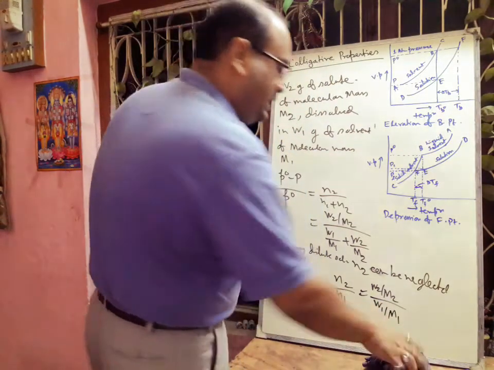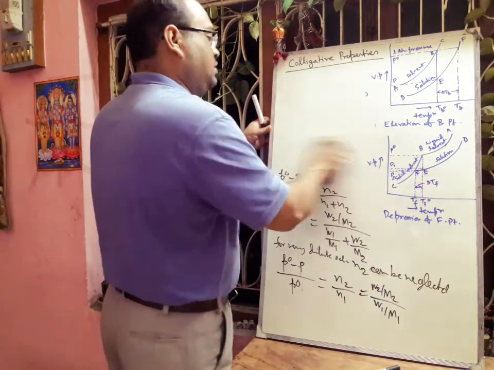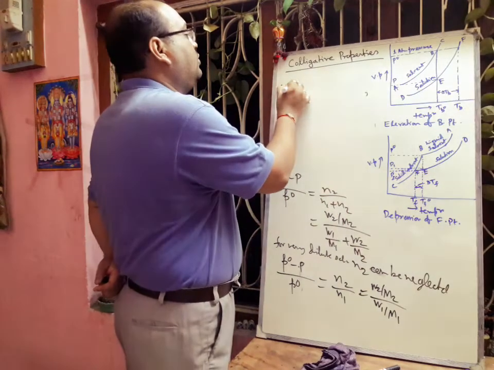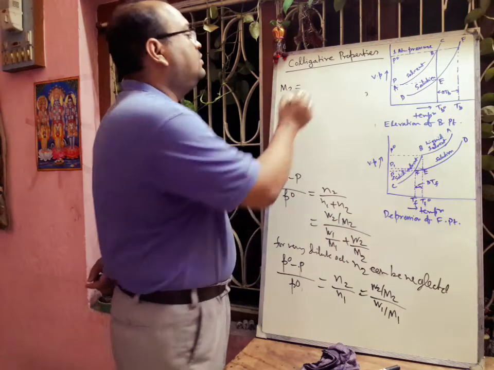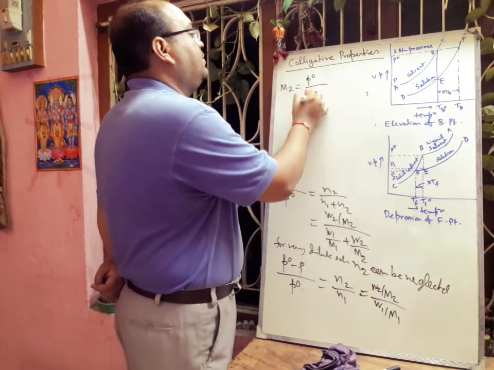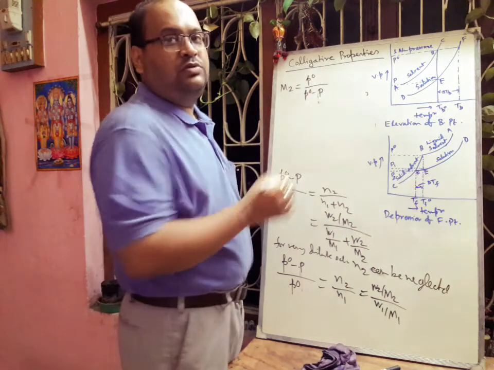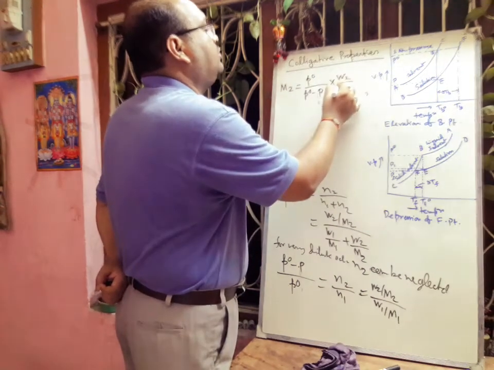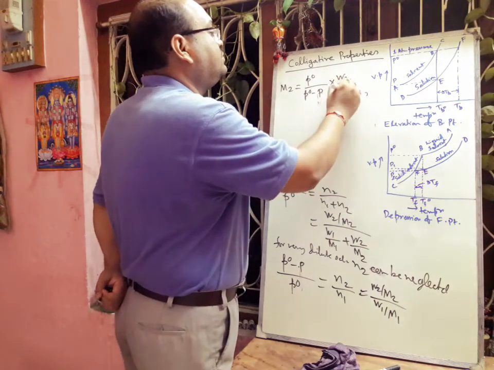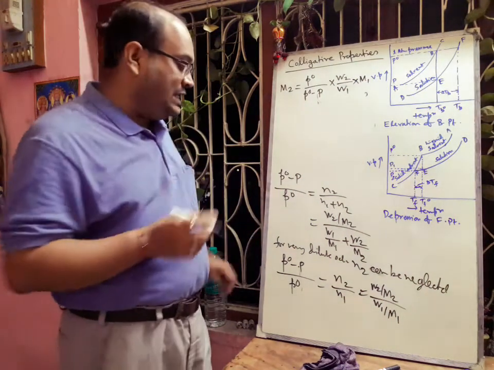Now if we arrange this, we will get that M2 is equal to P0 divided by P0 minus P into W2 by W1 into M1. So we are just arranging this equation.